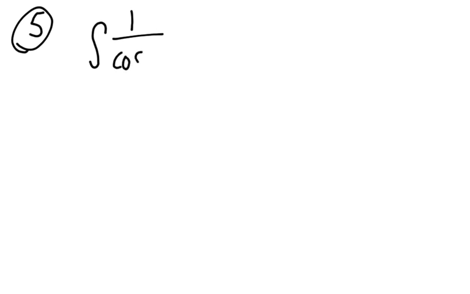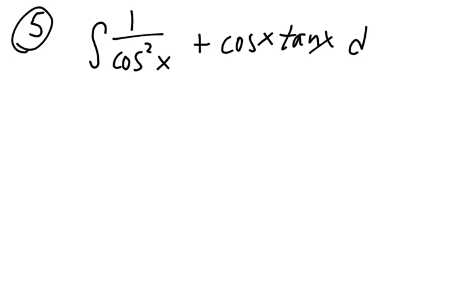Okay, number 5. What is the integral of 1 over the cosine squared of x plus the cosine of x times the tangent of x dx? This is another situation where you're going to want to simplify your integrand as much as possible before taking the integral.